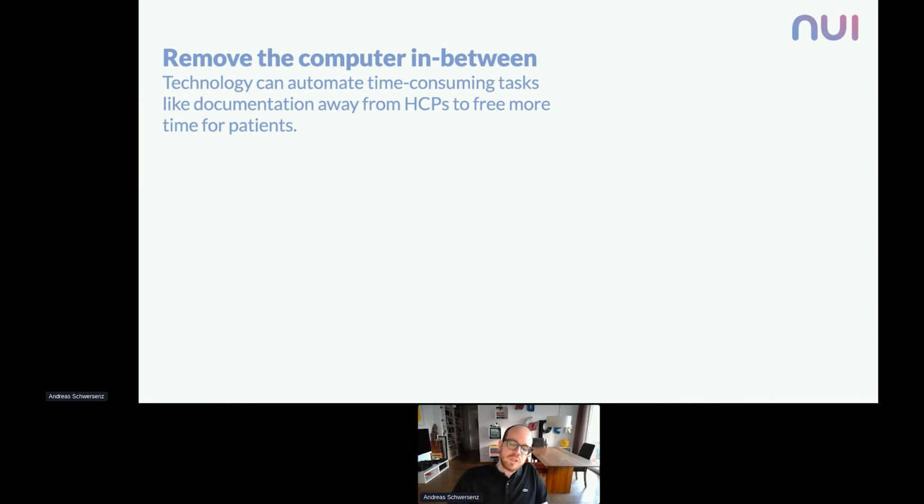But with digitalization, we can create solutions that take these cumbersome and complicated tasks like documentation and billing away from the doctors, so that healthcare professionals finally have more time to actually talk to you and spend time with you, and don't waste their time on tasks that create no real benefit for their patients.